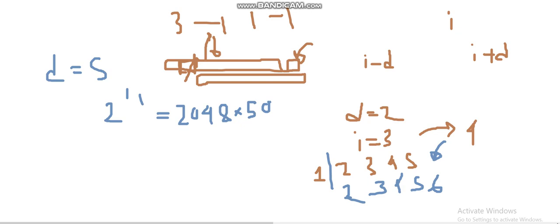We will store in a mask which elements are already used: we place 1 if we have already used the element, and 0 if we have not used it. I think you have understood that.